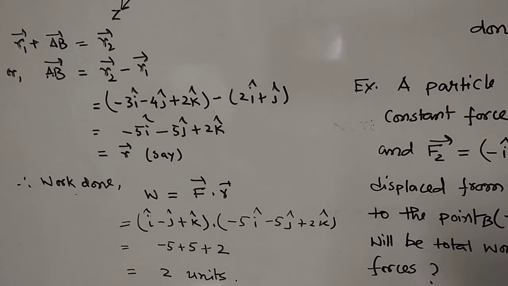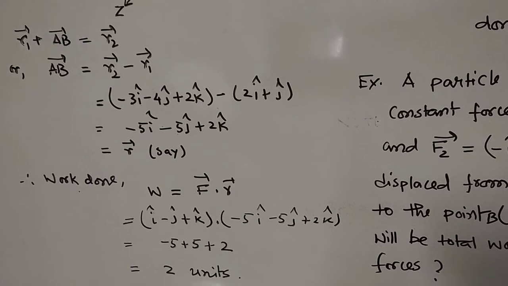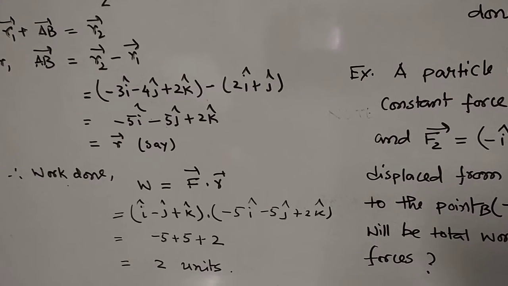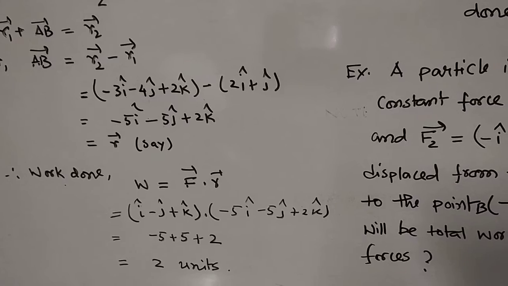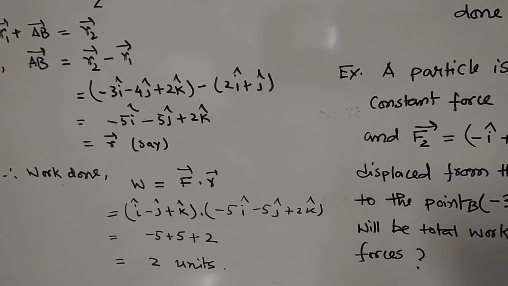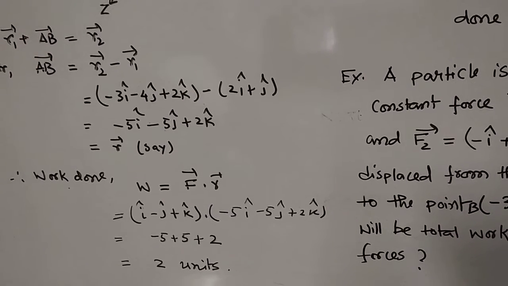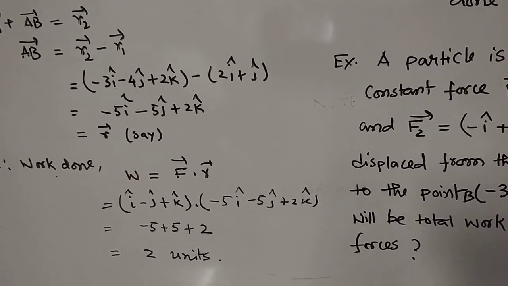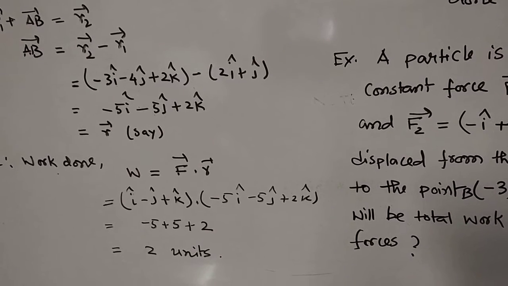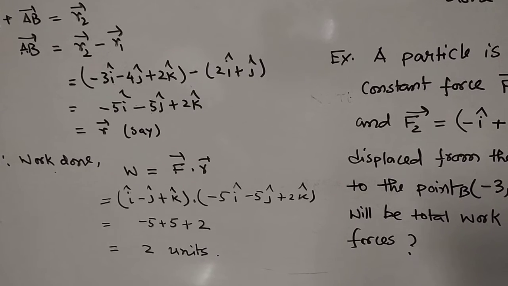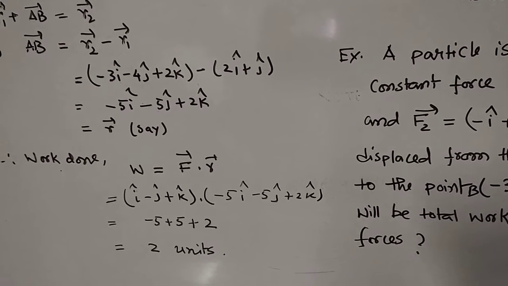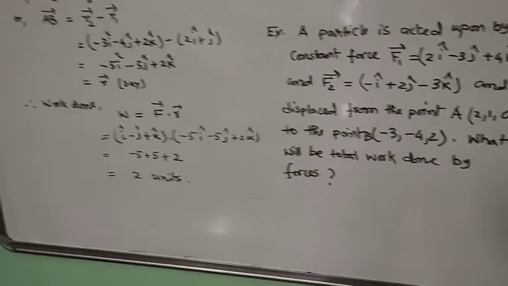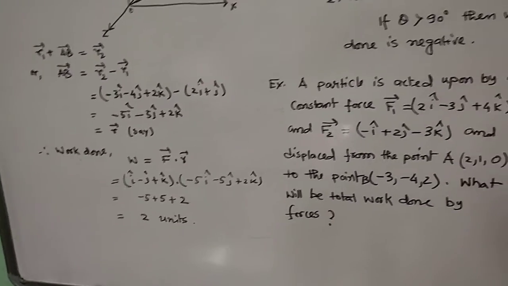If you take the dot product, i cap dot i cap is 1, so minus 5, and the rest go to 0. i cap dot j cap or j cap dot i cap is 0, i cap dot k cap is 0. If it is a different unit vector, then the dot product is 0 because they are perpendicular to each other. Then minus j cap times minus 5 j cap gives plus 5, and k cap times 2 k cap gives 2. So minus 5 plus 5 cancels, leaving 2. Unit is not given here, so the work done is 2 units.